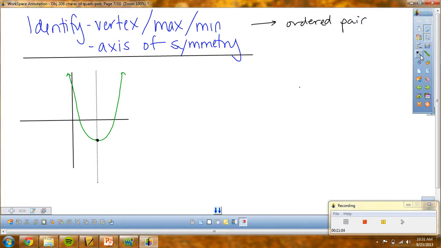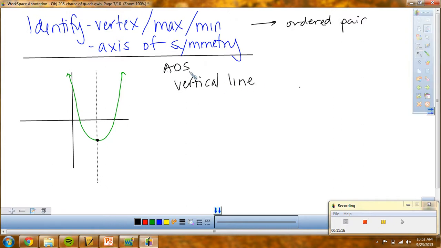And it's going to be a perfectly vertical line, so our axis of symmetry is a vertical line, passing through our x, so an x equals line. So the formula we use to find this vertical line uses the coefficients of our quadratic.